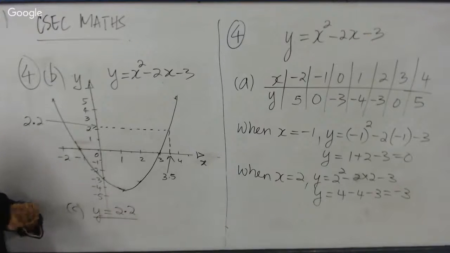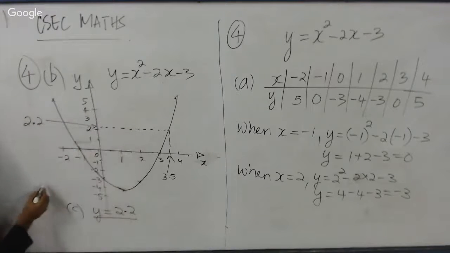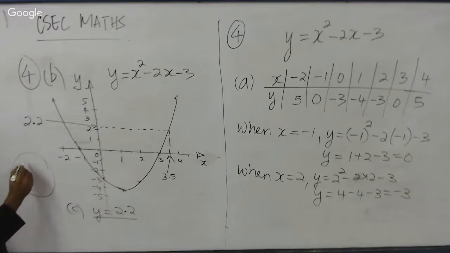If you zoom in here, this is 2, and this is 3, and you have 1, 2, 3, 4, 5. 5 divisions make 1. So each one is 1/5 or 0.2. So this will be 2.2, 2.4, 2.6, 2.8, 3. Okay? All right. So that's B.